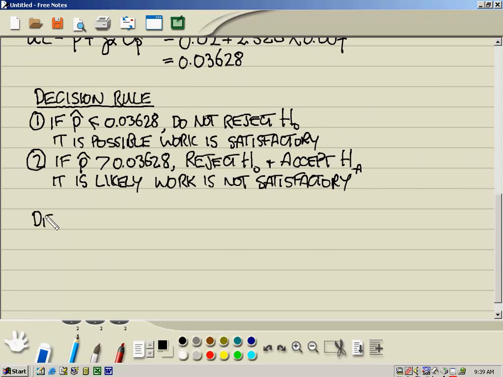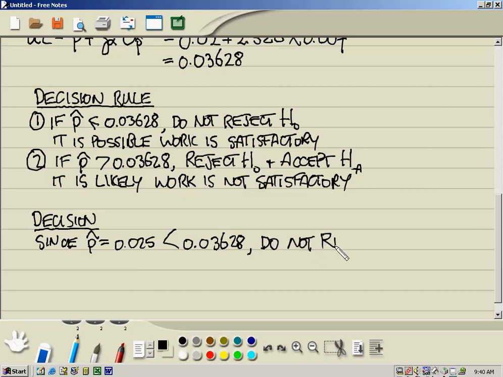So decision, since p hat is 0.025, which is less than critical value of the acceptance region, 0.03628, do not reject the null.